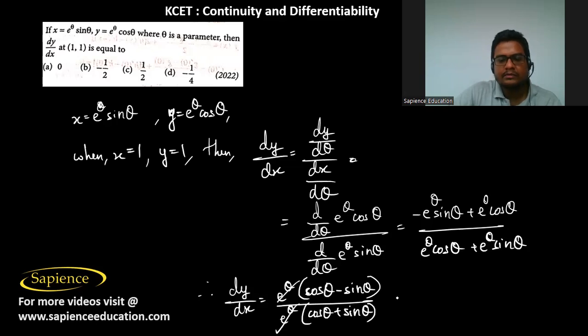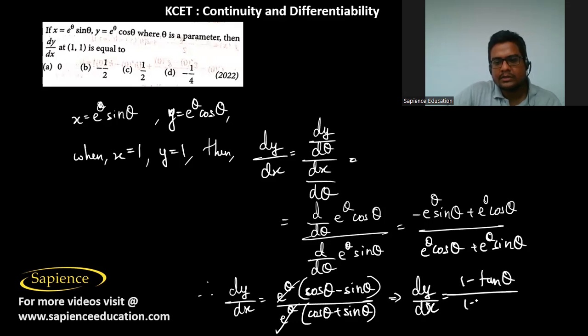So e power theta will cancel. Dy by dx will be equal to 1 minus tan theta by 1 plus tan theta.